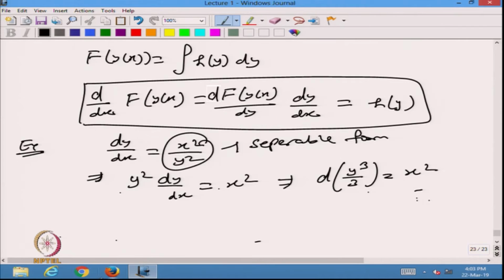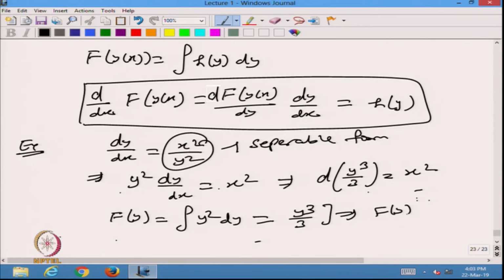So, what I am doing now, I am defining my function F of y is equal to integration of y square with respect to y. So, this becomes y cube by 3, and if I differentiate this with respect to x, then I will get dF of y by dx.